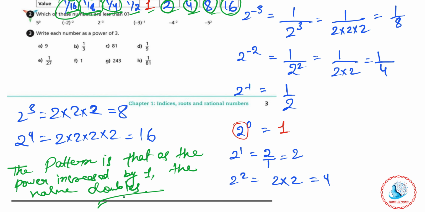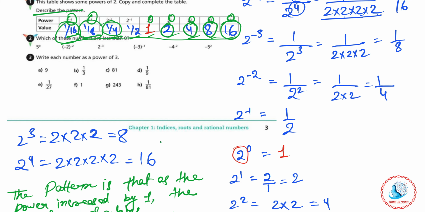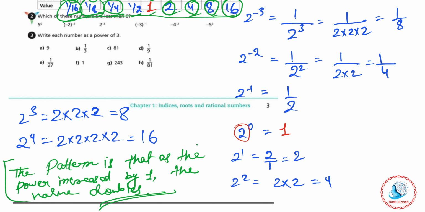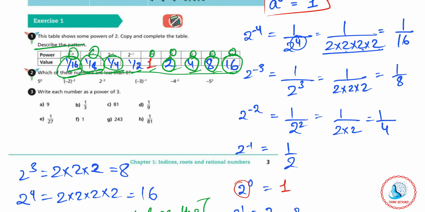Okay, this is how you describe the answer to question number 1, because it is written describe the pattern. So this is the pattern that you were seeing in the question, and this is how you have to describe it as the answer. Okay, now let me clean it.